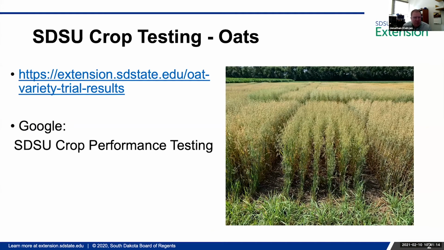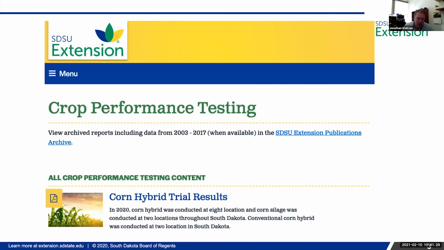Just to review here quickly, we do oat testing at 11 locations in the state, and here's the website to view the trials. I tell people the easiest way to find them is just to Google SDSU crop performance testing, and that will take you to this homepage.